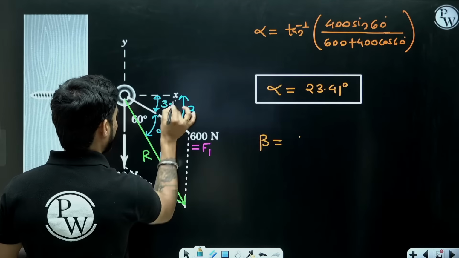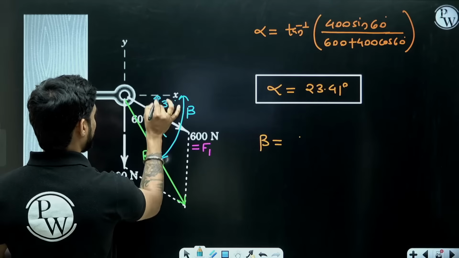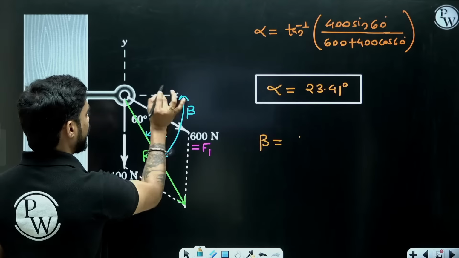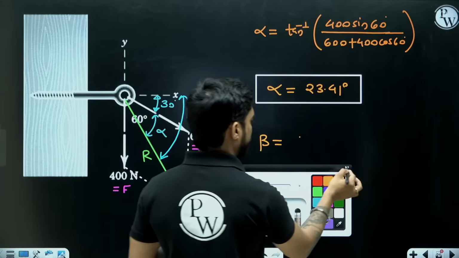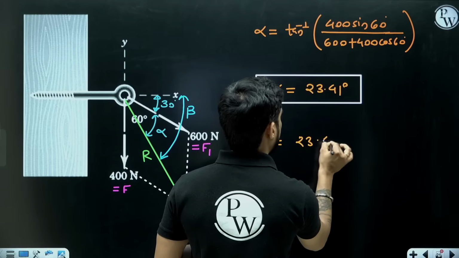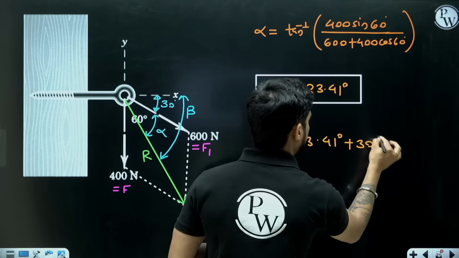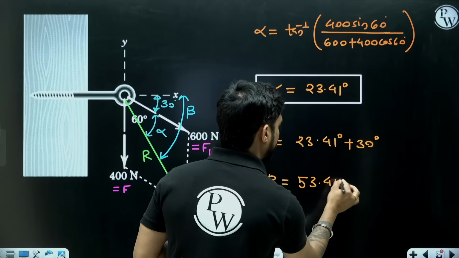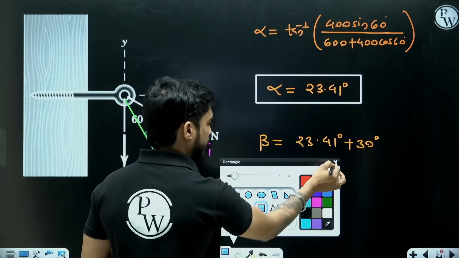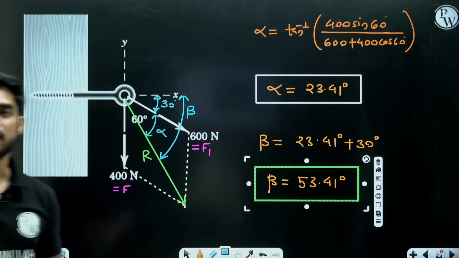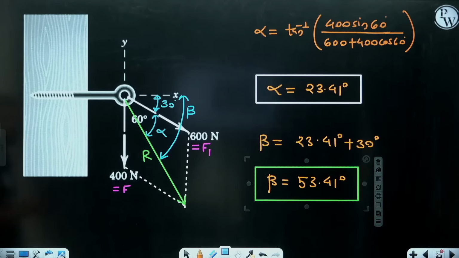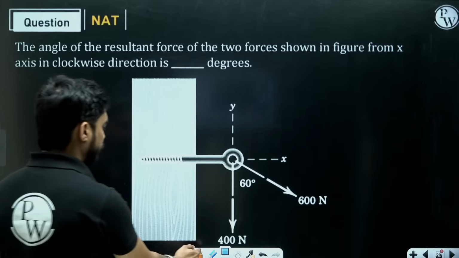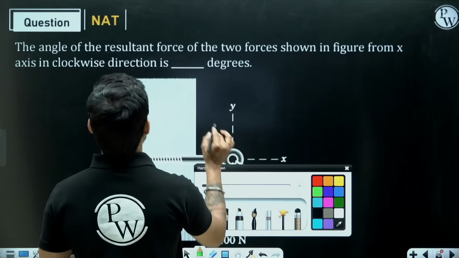Sorry, 30 degree. This is 60 degree, so this must be 30 degree. So beta will be alpha plus 30 degree. Okay. So 23.41 plus 30 degree. So your beta is 53.41 degree. Yes. So the answer is 53.41 degrees. Okay.